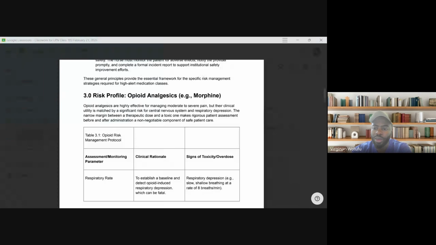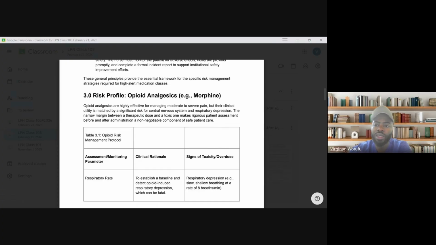Toxic dose and therapeutic dose, please. With therapeutic dose, this is the dose required to achieve the desired effect of medication administration, right?